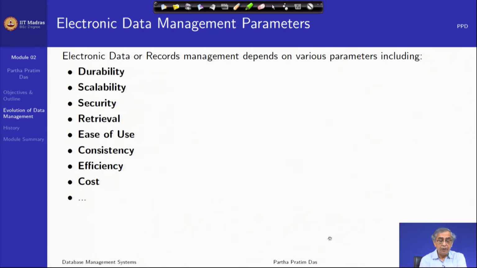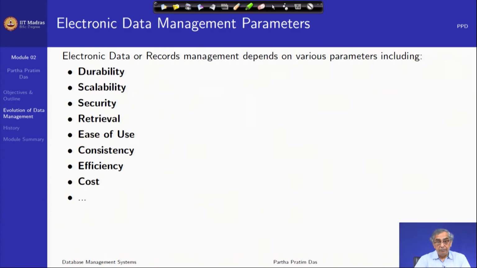Now, in this whole process, there are several parameters which a data and records management system, particularly in electronic form, has to take care of. Things like durability. I store data, and it must be available for ages together. That was a basic drawback of the physical system.